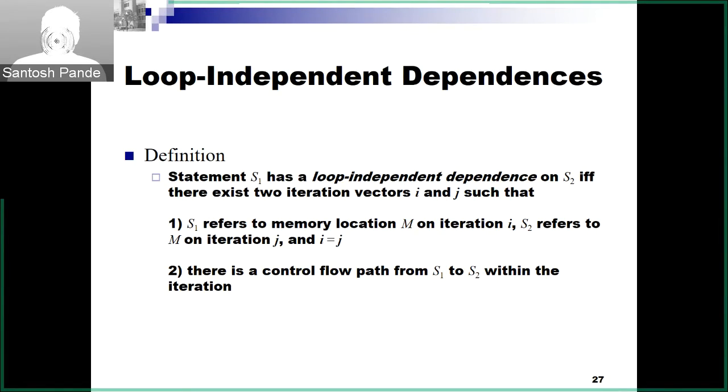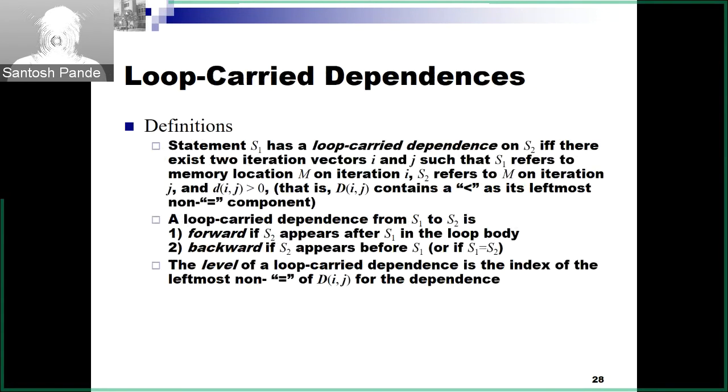So, loop independent dependencies. Again, similarly, we have this definition, and all these dependencies are present only within the iteration, as we have seen earlier in some examples. Loop carried dependence, which is the most important one, which we also looked at, has a more formal definition here.